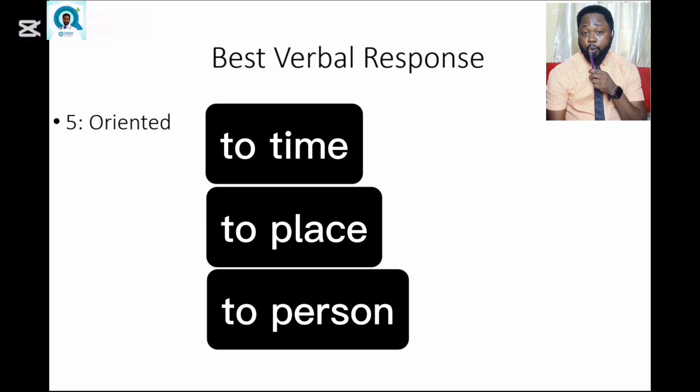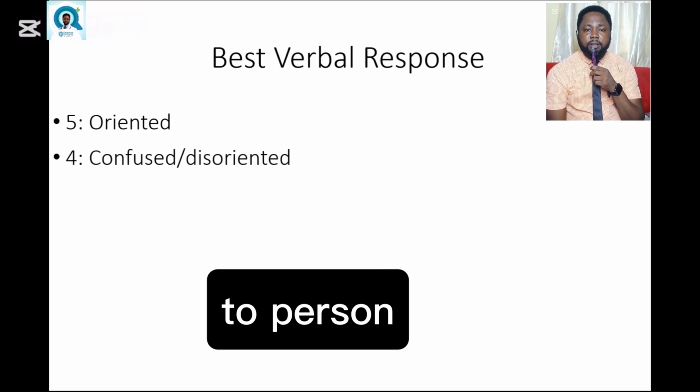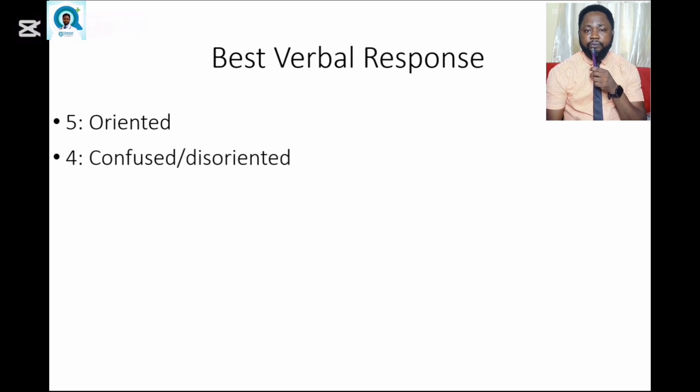If they get the questions correctly, then they are said to be oriented. Otherwise, they are disoriented. A patient must be oriented in time, place, and person to get the score of 5. The next is the score of 4, which means that the patient is confused.